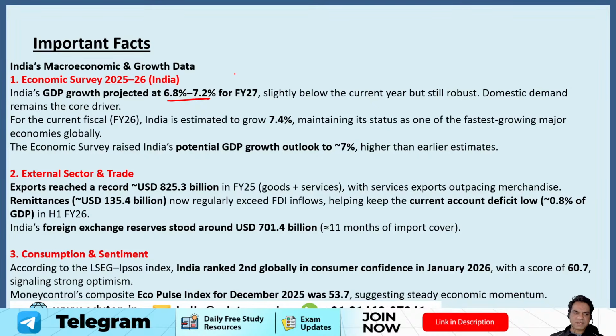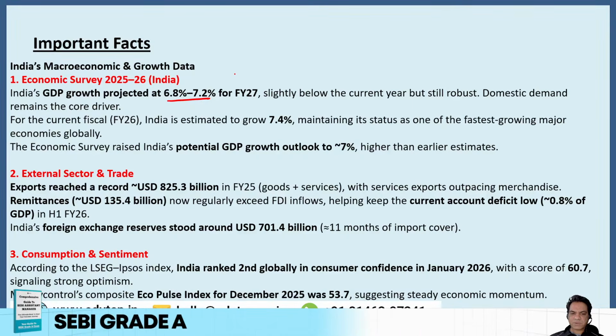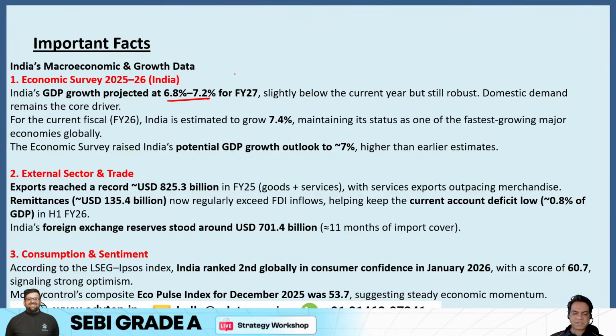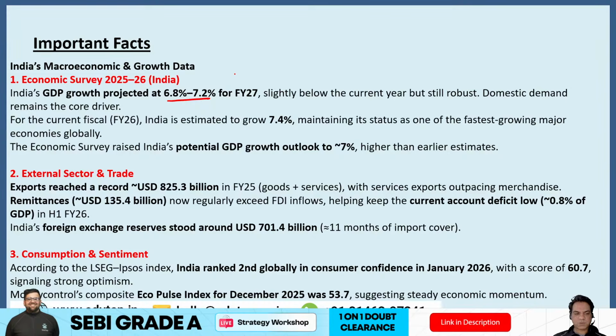Now, let's talk about the external sector and trade. Exports reached a record $825 billion in the fiscal year 25, which includes goods and services, with services exports outpacing merchandise. So services are the biggest exports of the country.